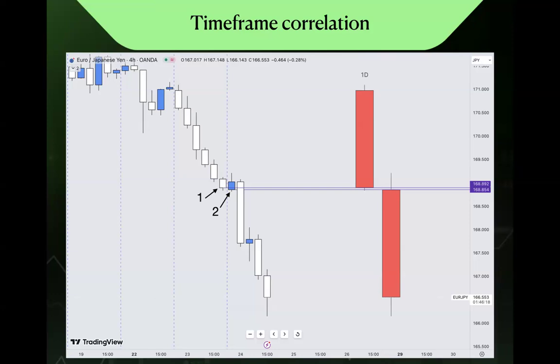Now that pullback can be one candle, it can be 3 candles, it does not matter, okay? The fact is that price pulled back into the previous candle, however much it did and in whichever time frame it did. So in this case, it did it in one 4-hour candle.